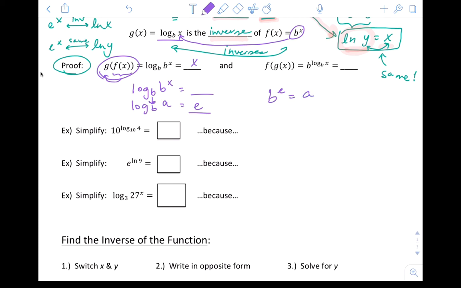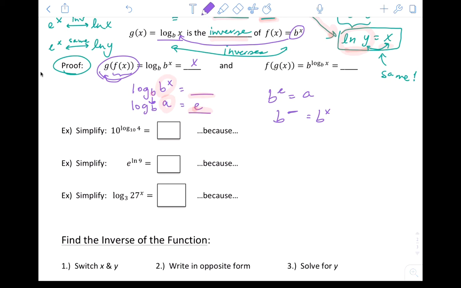So using this information, the base is b. The exponent is a blank. So b to the what equals the answer. Using this information, there's the answer, b to the x.